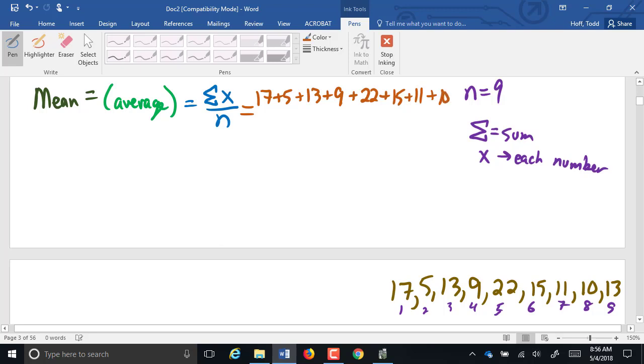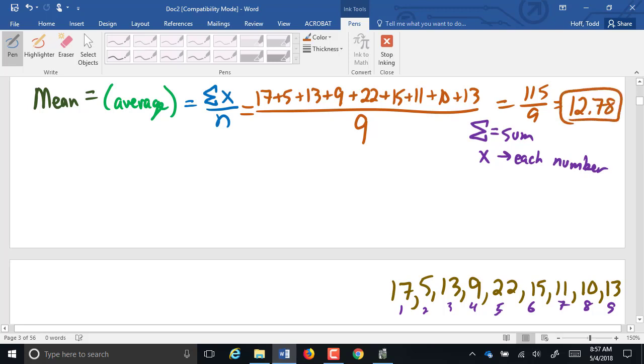Plus 10 is 102, and plus 13 is 115, divided by 9, because there's 9 there. So it's 115 divided by 9, which gives us 12.78 about is our mean.